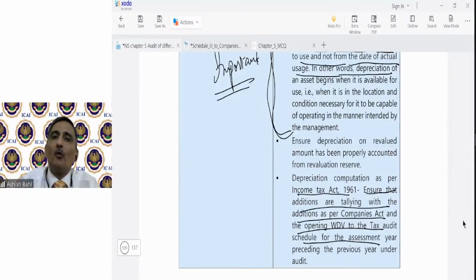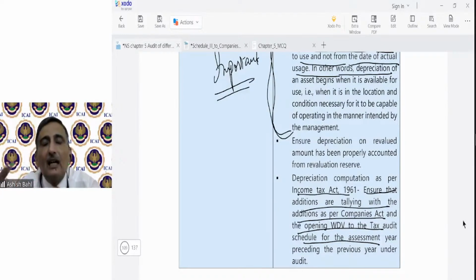So when the company is preparing a separate schedule for depreciation under the Income Tax Act, like I have been telling you, as per rates prescribed under the Income Tax Act, obviously the auditor would be reconciling both, to check whether the additions shown in the income tax schedule for claiming depreciation are the same, because additions and deletions in both cases would be the same.